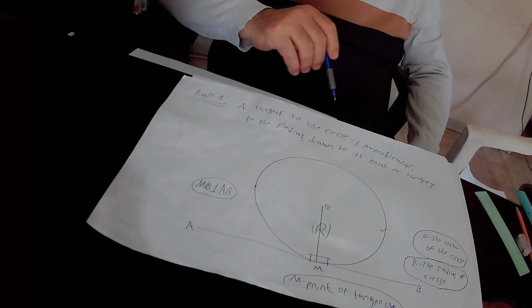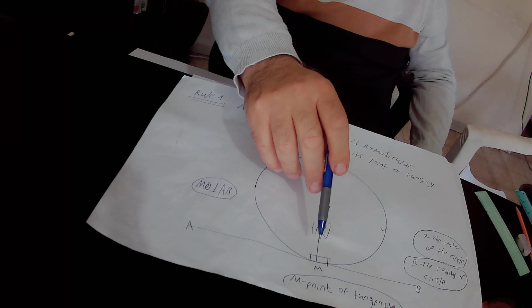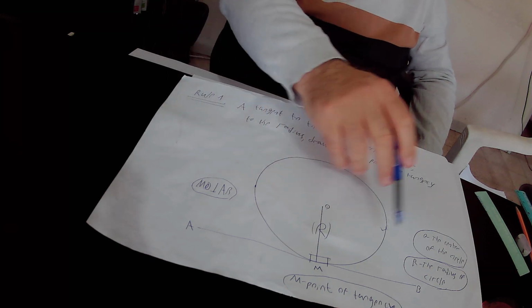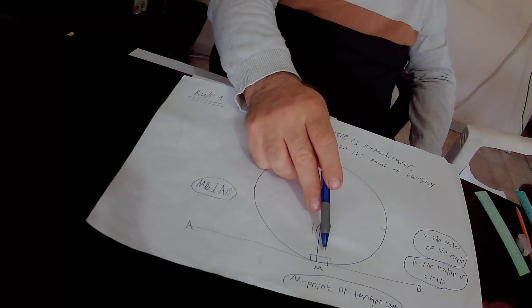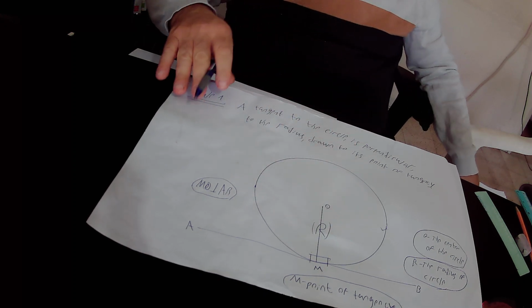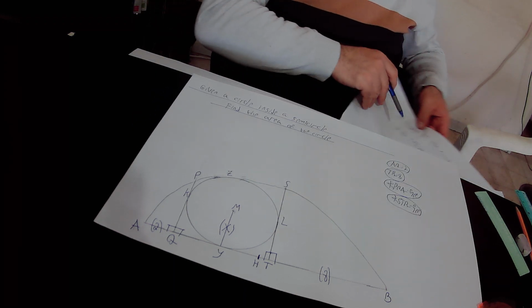Whenever your radius is drawn to the point of tangency, then tangent AB will be perpendicular to the radius MO. If AB is perpendicular to MO, it means that this angle equals 90 degrees and this angle also equals 90 degrees according to rule 1. So we can actually implement rule 1 in our drawing.